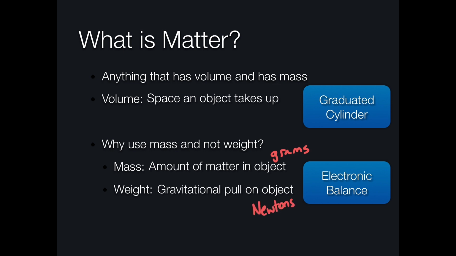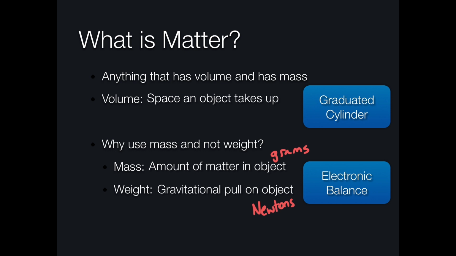Now, you won't learn much about newtons in this class. That is very much a physics concept, and you will learn about newtons at great depth next year when you take physics. Now, you might have heard the old fact that weight depends on which planet you are on, and that is totally true, because the gravitational pull on Jupiter, for example, which has a larger gravity than Earth, would make your weight much heavier.